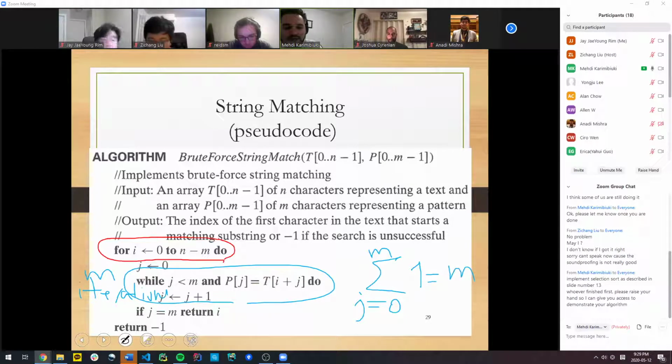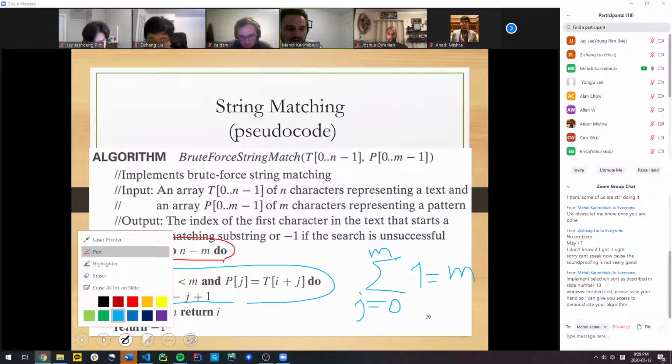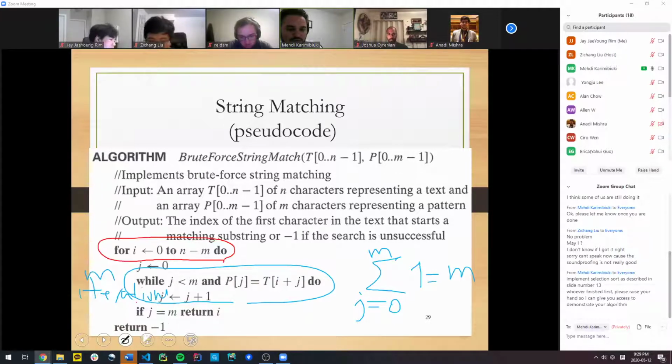All right, and then I have the bigger for loop, the outer loop. So this guy will give me the second sigma for i equal to 0 to n minus m. Okay, so I already had this. This was m, right?